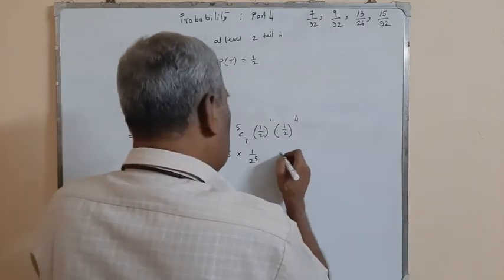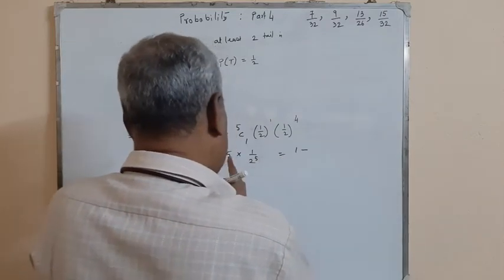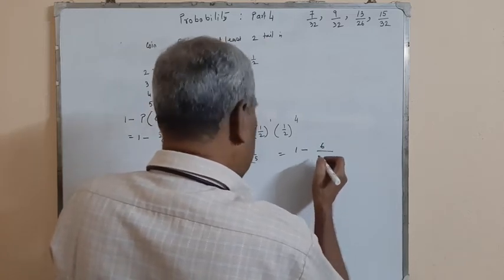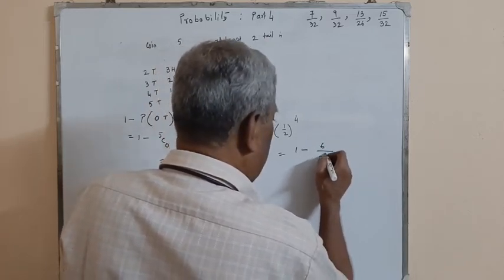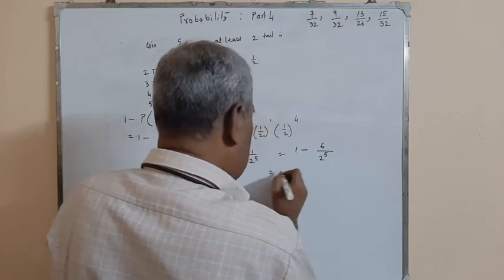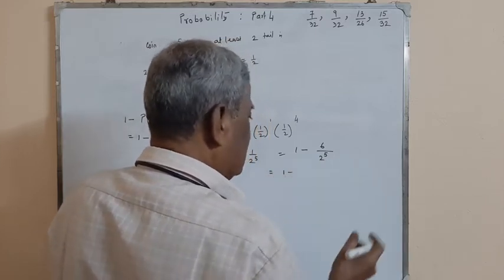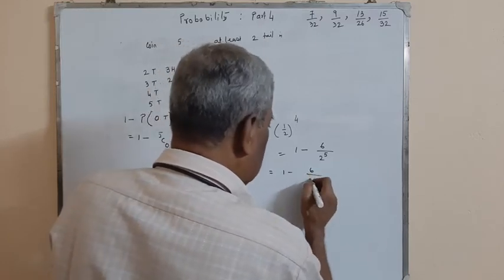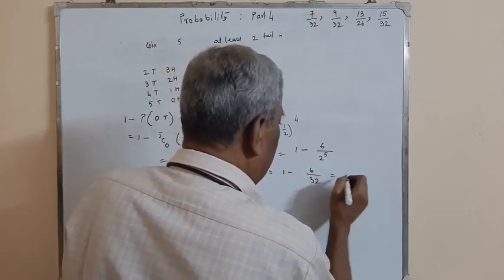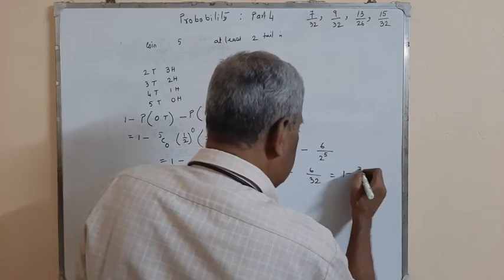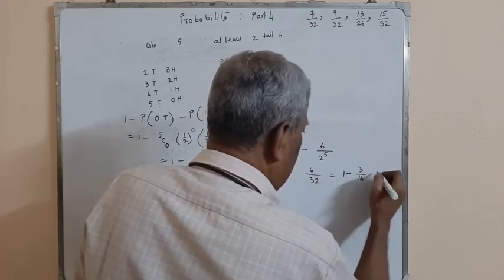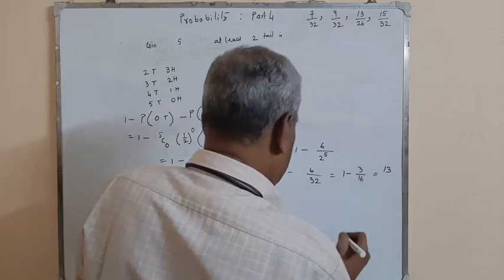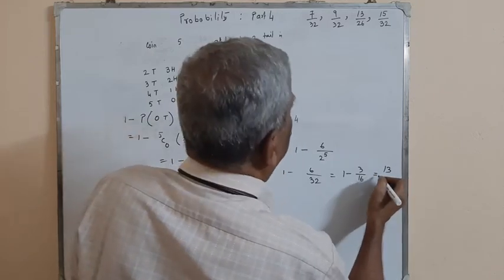So it is equal to 1 minus 6/2 to the power 5, which means 32. 1 minus 3/16 is equal to 13/16.